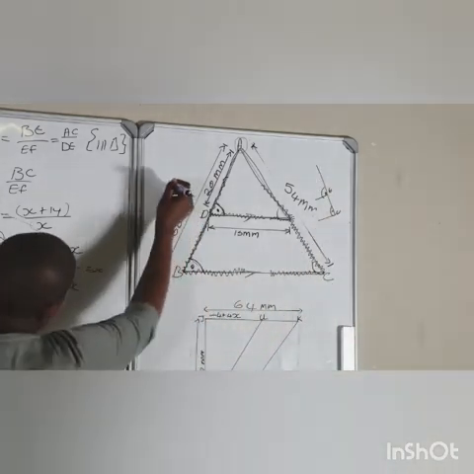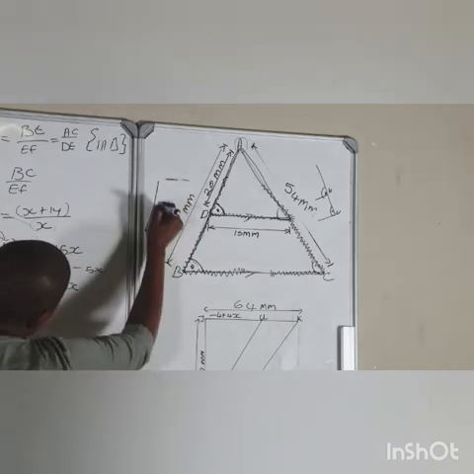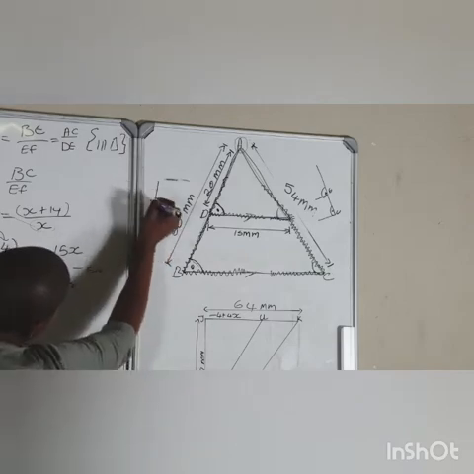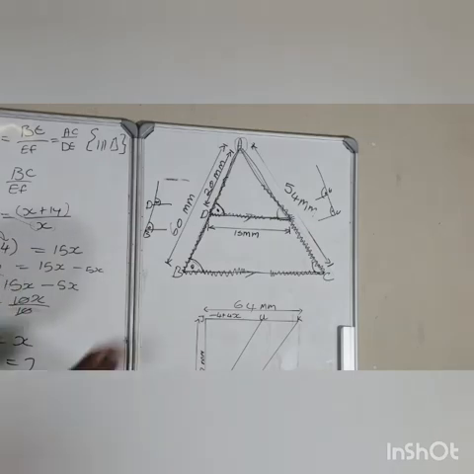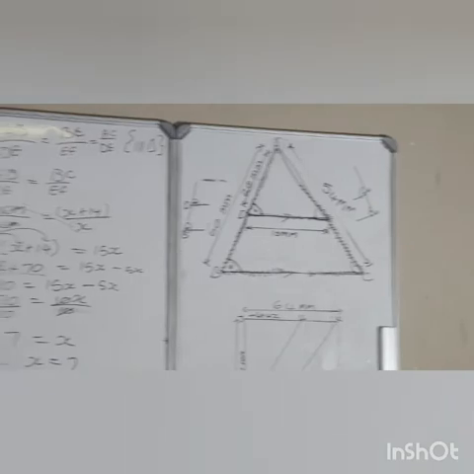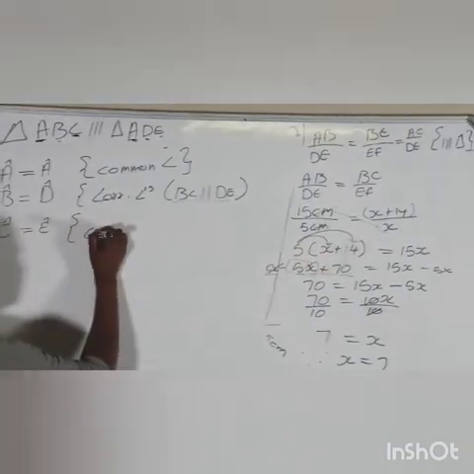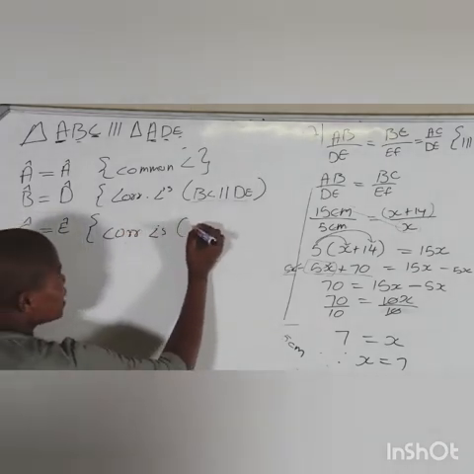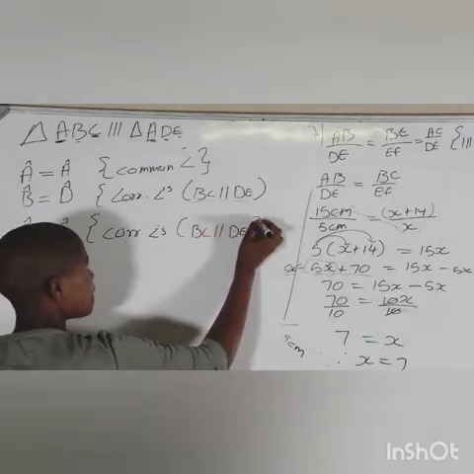And on this side, this is B, this is D, so this angle and this angle are equal. Hence I say letter F, it is just upside down. The reason is still the same because they form the same letter: corresponding angles of parallel lines BC and DE.